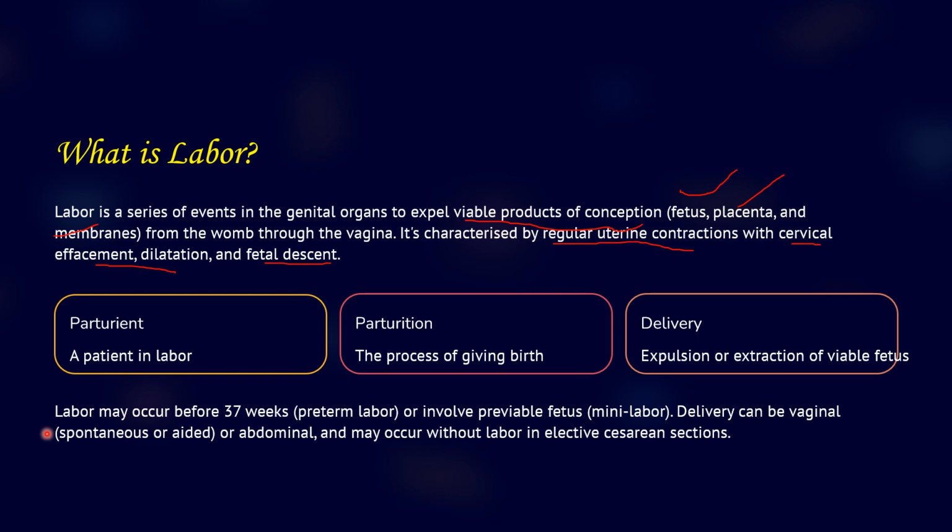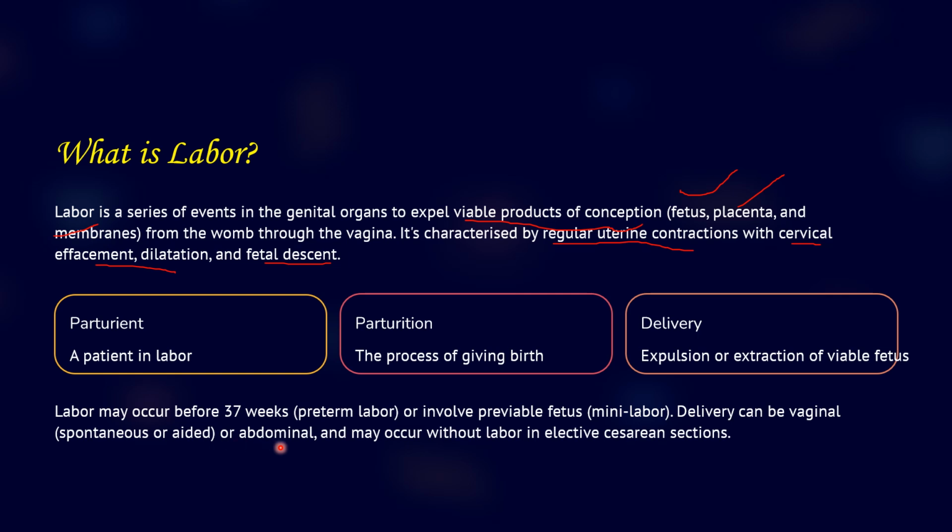There is also one thing that you have to remember: labor can occur before 37 weeks of gestation, which is called preterm labor, or involve a pre-viable fetus, which is mini labor. Delivery can be vaginal, which can be spontaneous or aided. Aided means either the use of forceps or vacuum.